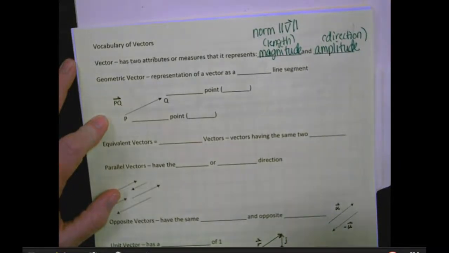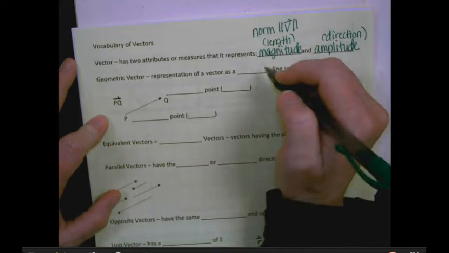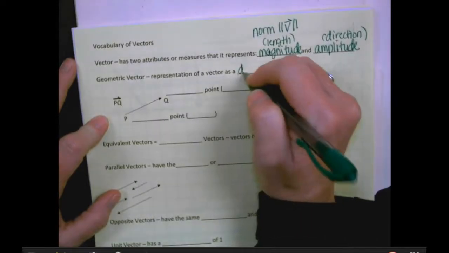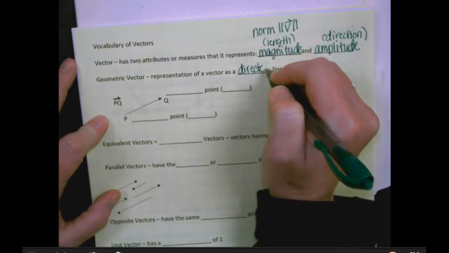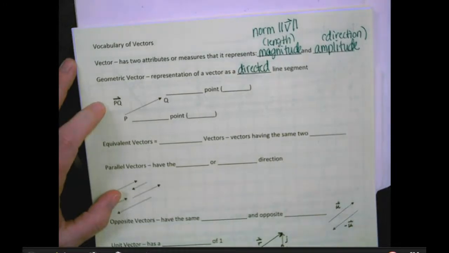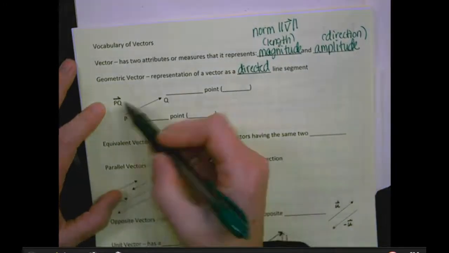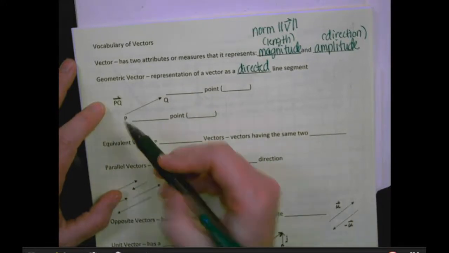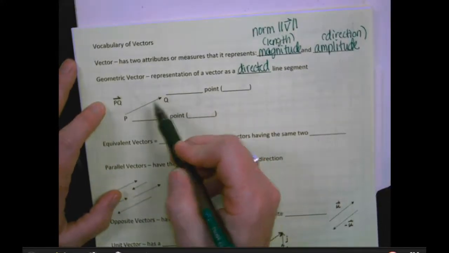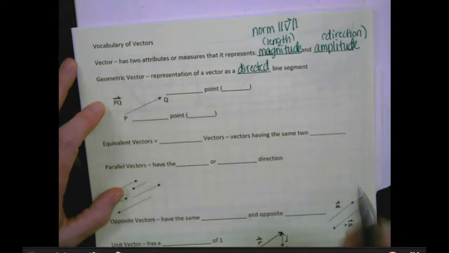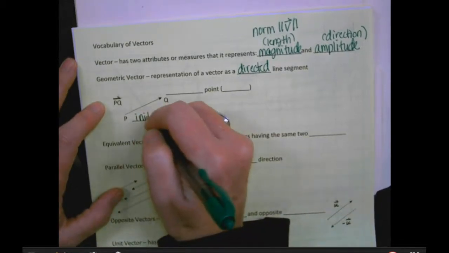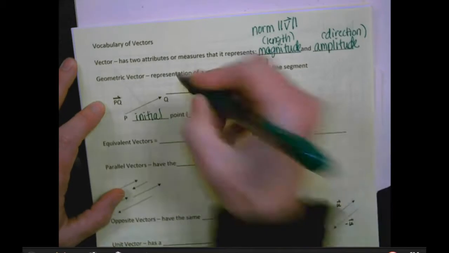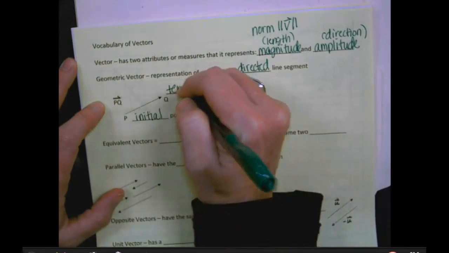A geometric vector is a representation of a vector as a directed line segment. And a vector, first of all, uses that little symbol right there, and it goes P to Q. Okay, P to Q. So this is the initial point, and this is the terminal point.